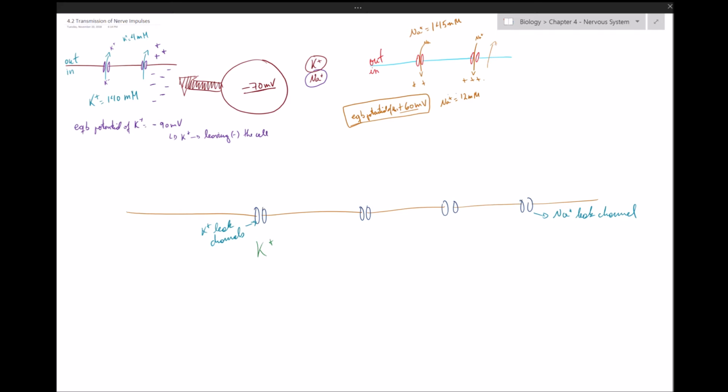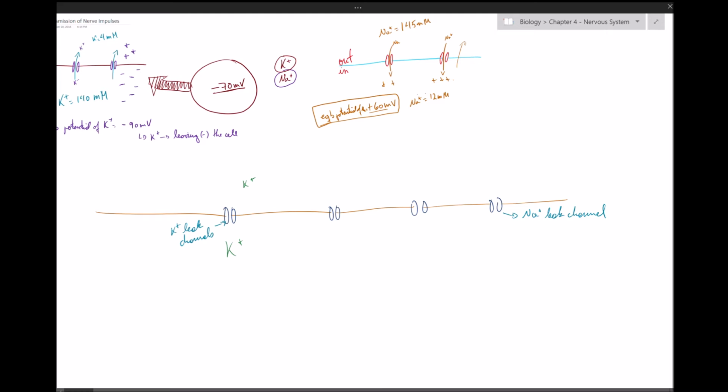Potassium is very big inside, not so much outside. And the same thing for sodium: sodium is very big outside, very small inside. This will cause the movement of sodium into the cell, and the movement of potassium outside of the cell. So the potassium concentration gradient causes the potassium to leak out of the cell through these potassium leak channels. At the same time, sodium is moving in the opposite direction with the opposite effect. In a certain sense, sodium undoes the effect of potassium's movement.